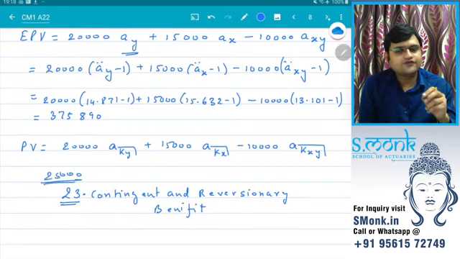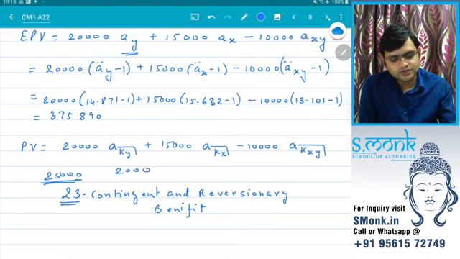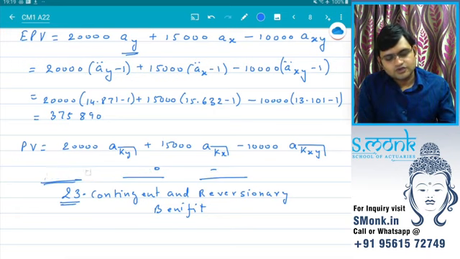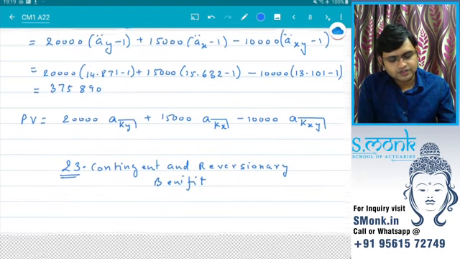Then if male dies, then it becomes 20,000 for the life of the female, and if female dies, then it becomes 50,000 for the life of the male. So this question we had reversionary annuity. That means we were keeping on revising the annuity depending on some condition. So that is our contingent and reversionary annuity.